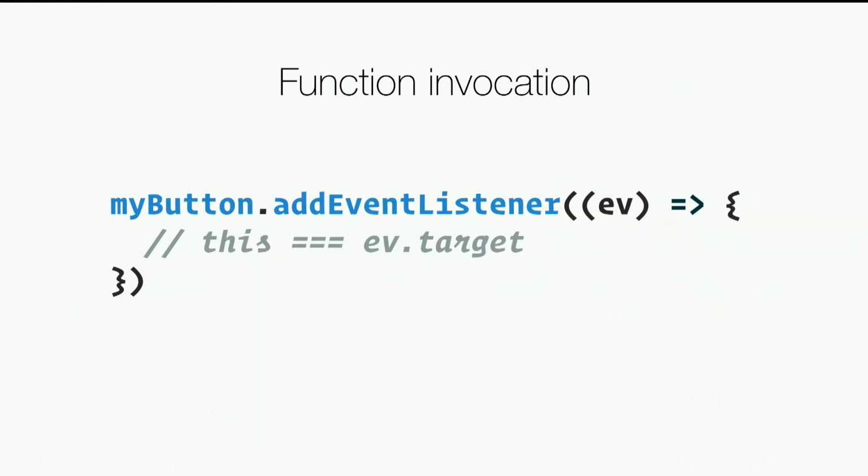But ordinarily, when you add an event listener, whatever function you pass in, when that runs, this is going to be the target of the event. No matter where that function lives, if it's part of an object or not, doesn't matter. This is going to be bound to the event target. Unless you use an arrow function or unless you use bind.